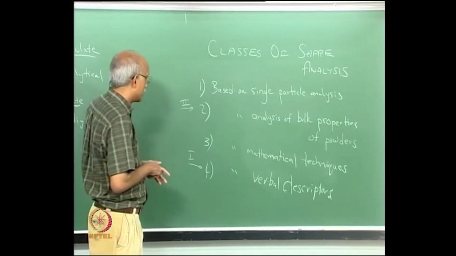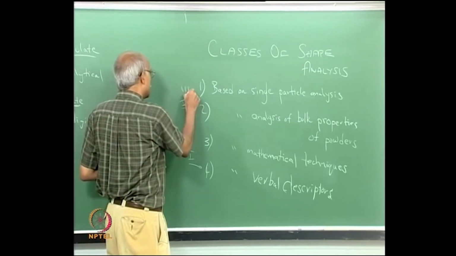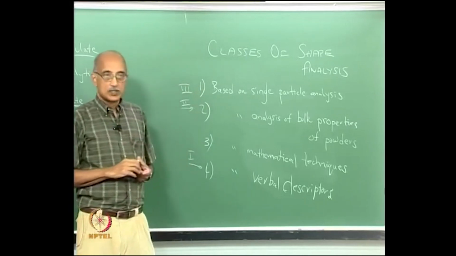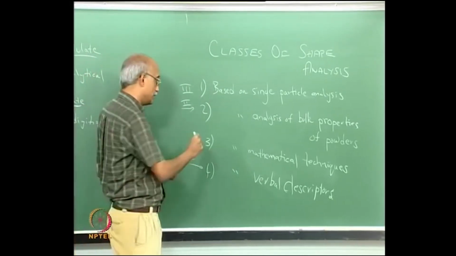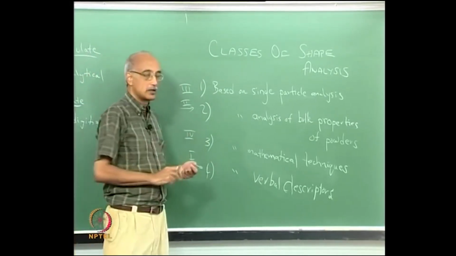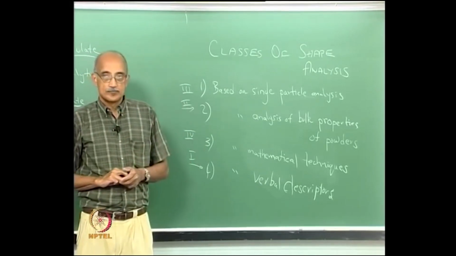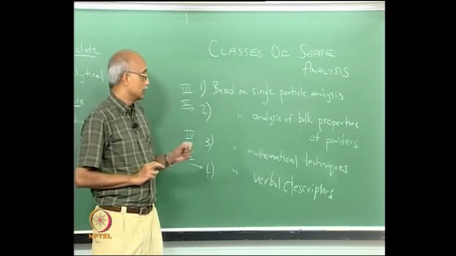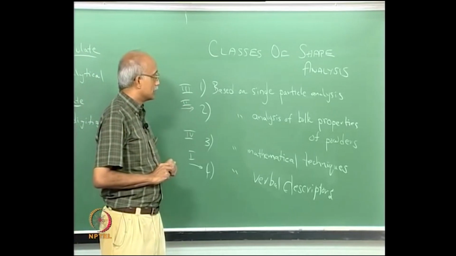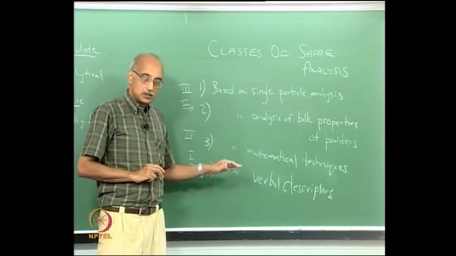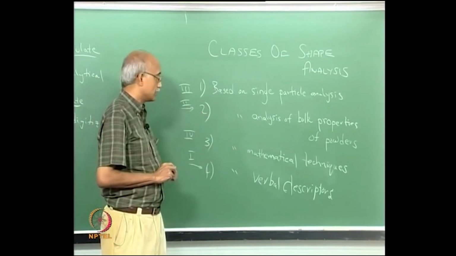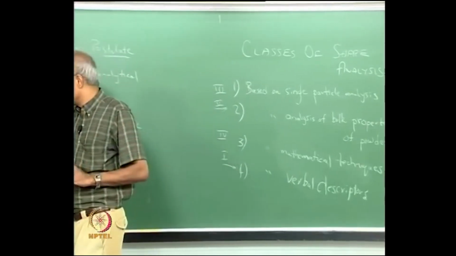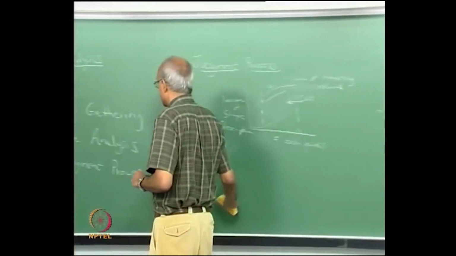Based on single particle analysis, in terms of complexity is the third, and finally mathematical techniques require the most complex analysis by the investigator. We can further subcategorize these techniques, and we will see how we do that.